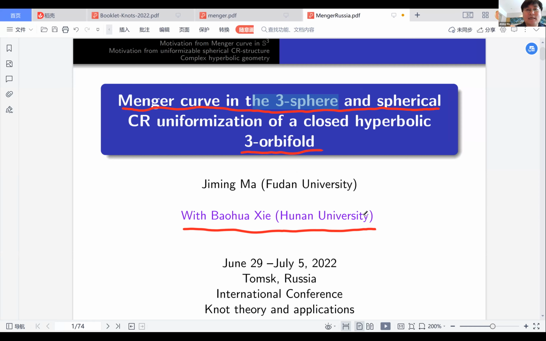The first part is the embedding of Menger curve in the three sphere. In the second part, I will talk about uniformizable spherical CR structures on three manifolds. And in the third part, I will talk a little on complex hyperbolic geometry and a little on the proof of our main result.